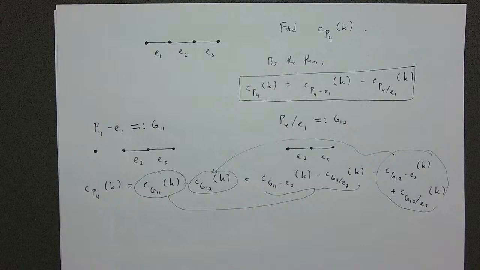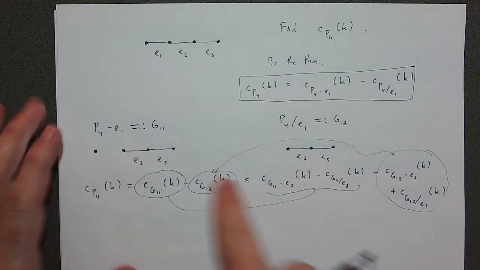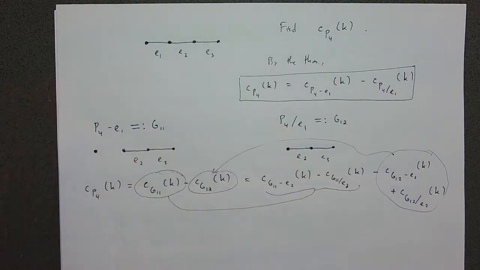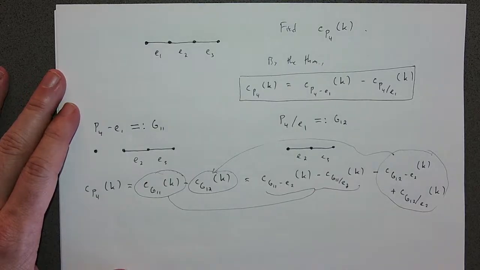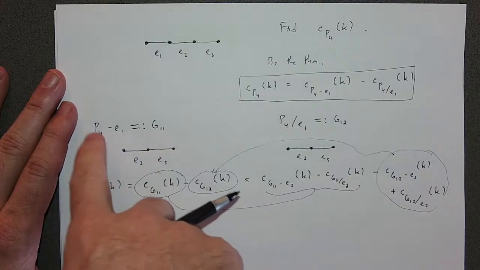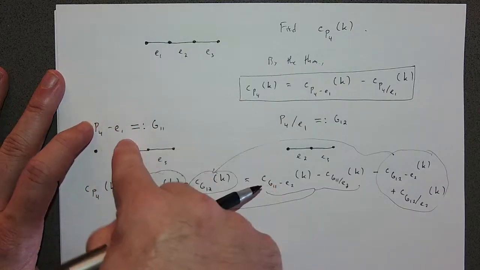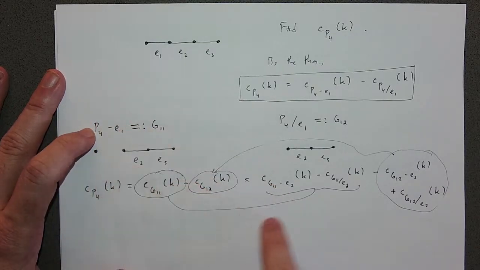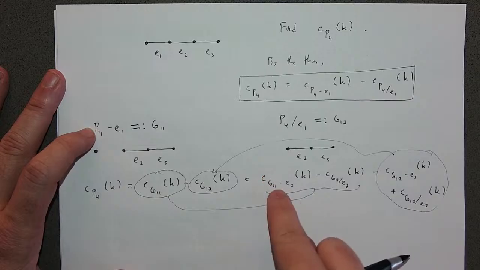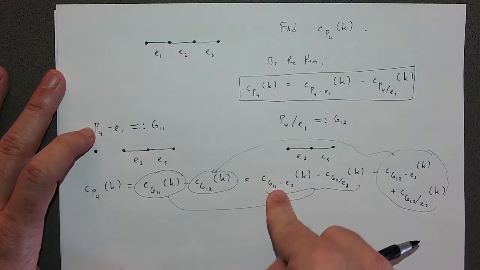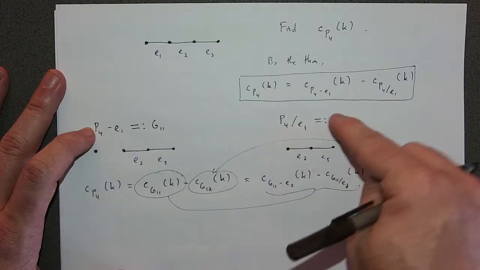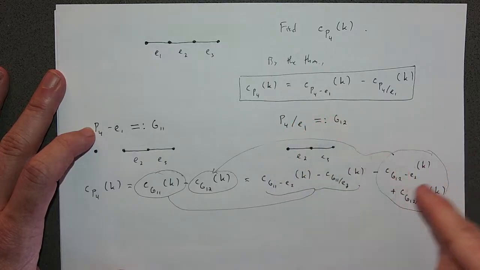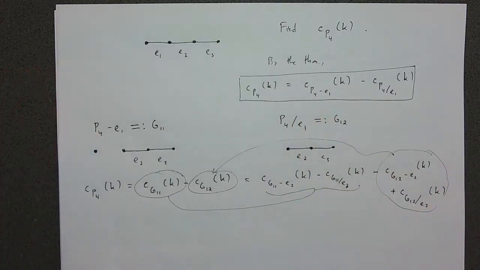Now you see why I relabeled these. Having p sub 4 minus e1 parentheses minus e2, that's what would have to be in a subscript here. That's really annoying. And then I would have p sub 4 mod e1 minus e2 in another subscript, right?